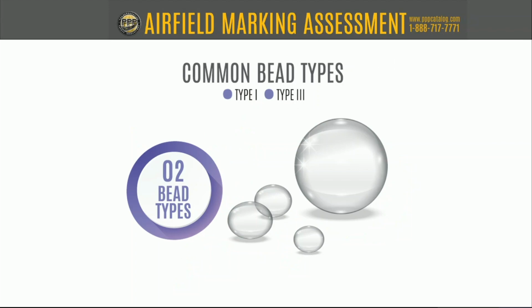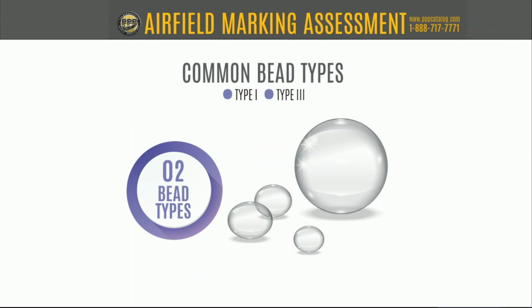I'm not going to get into it now, but just understand these are the most commonly used, and these are the ones that I endorse with my clients. I think the type 3, you'll see here in just a few minutes, performs better from a reflectivity, nighttime visibility standpoint. It performs better initially and over time, but both certainly can be applied very well and perform very well.